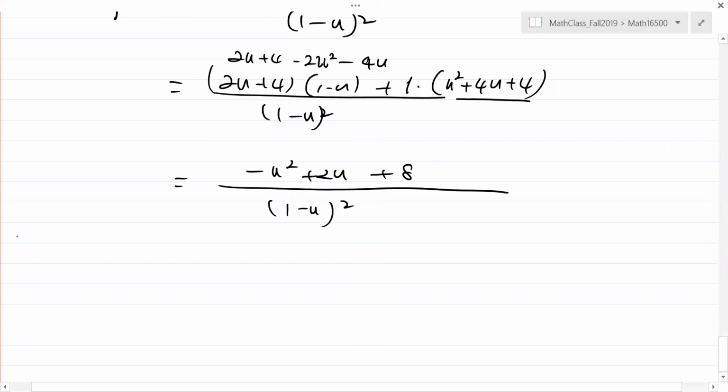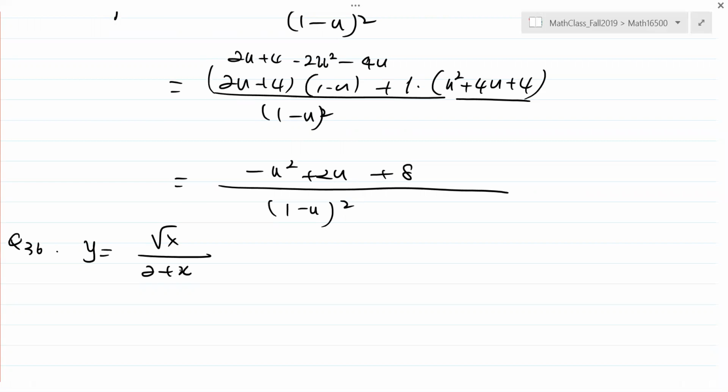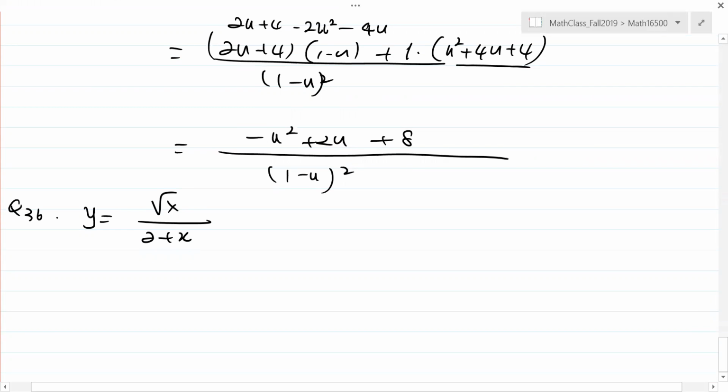It's the last one here, 36. Okay, again, use the quotient rule, right? 2 plus x squared.